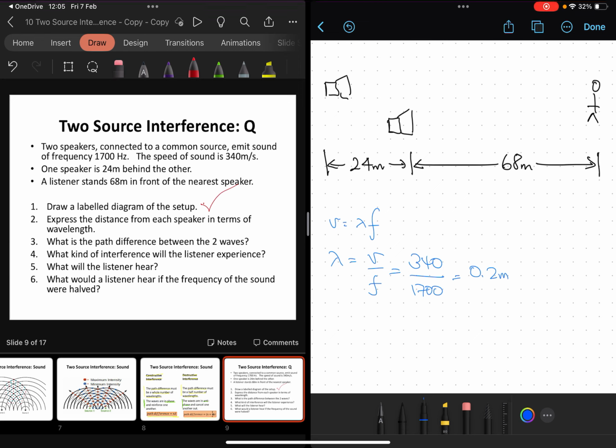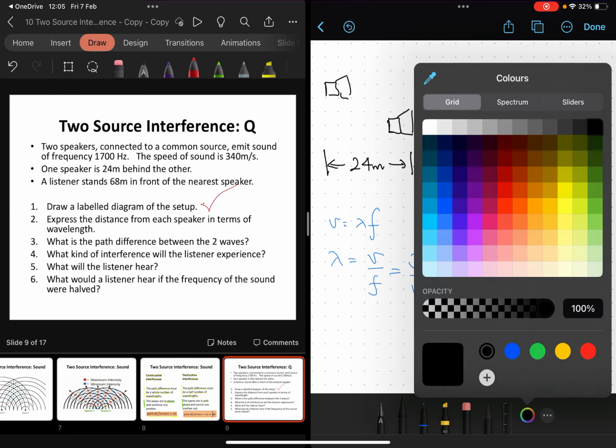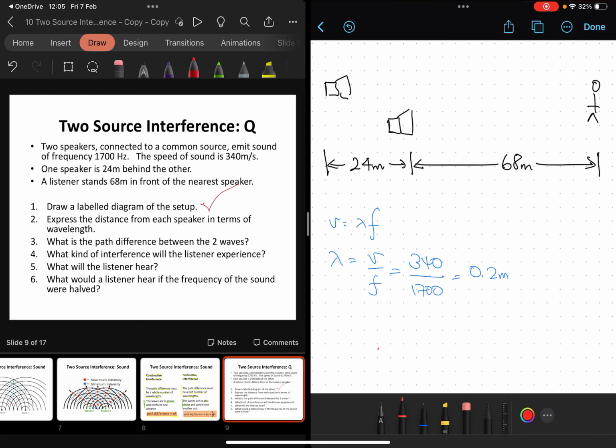And I'm being asked to express the distance from each speaker in terms of wavelength. Okay, 0.2 meters is a fifth of a meter. So I get 5 complete waves in a meter of distance. So if you work this out, I'm going to get 120 complete waves in 24 meters of distance.